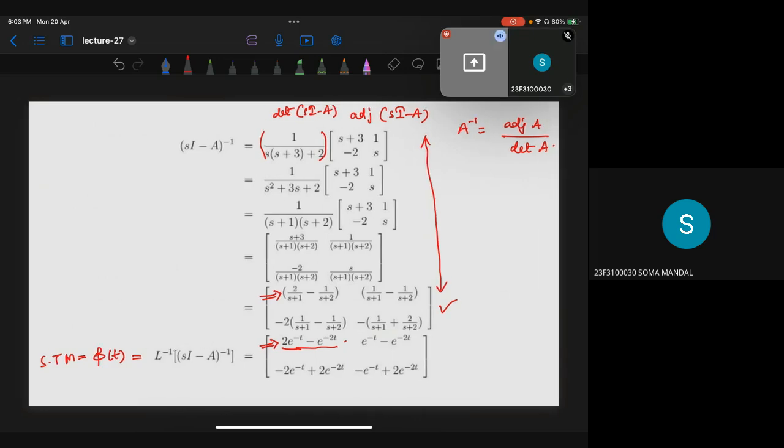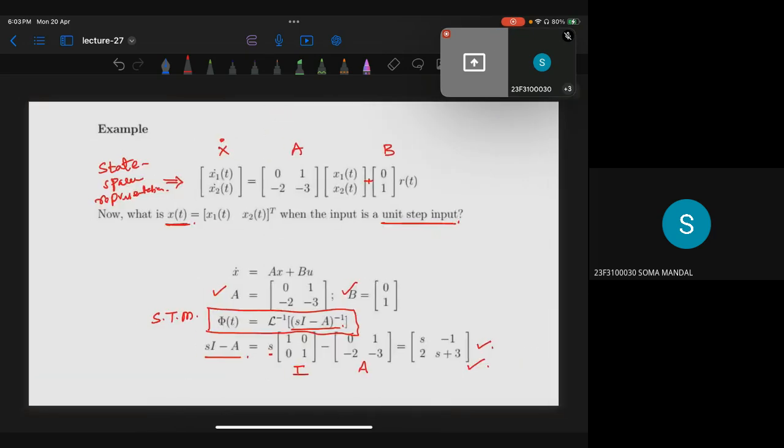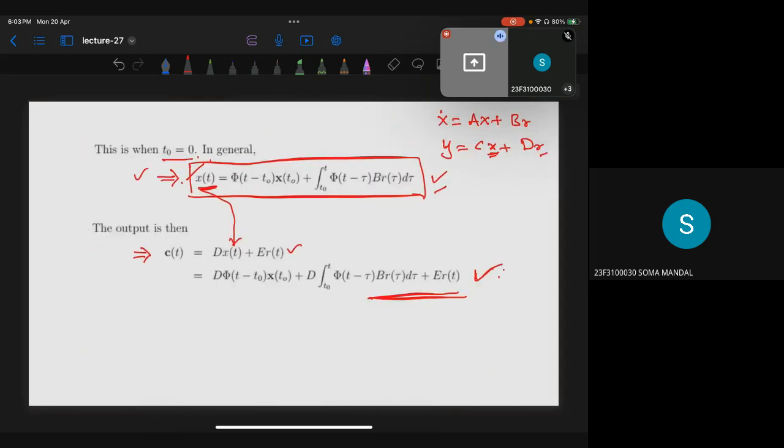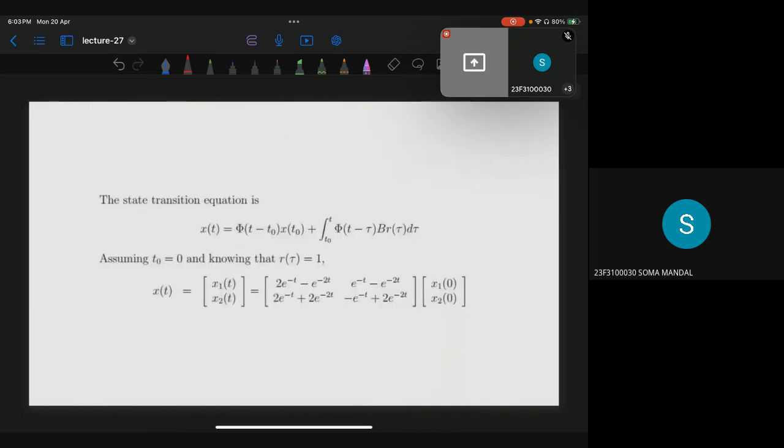Now our question is, if r of t is a unit step, what is x of t? We are going to use this equation directly. This is the equation we have, so substitute everything.